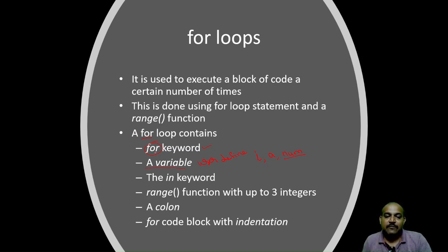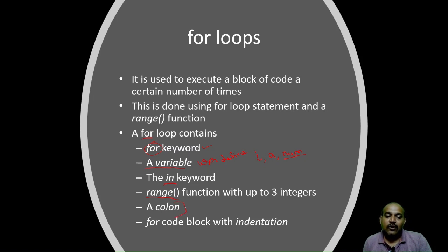So first is the for keyword, second is the variable name. Then I am going to use one more keyword called in. So for and in are keywords which have to be used as they are, whereas in between you have a variable name, which is your choice. And you are going to set the range. As I said, how many times the loop has to be repeated has to be defined in the range function, followed by a colon.